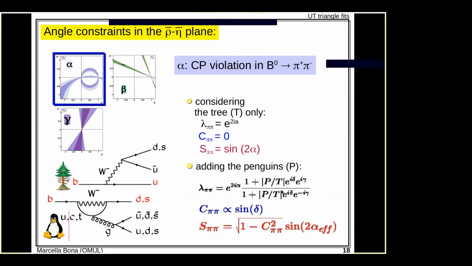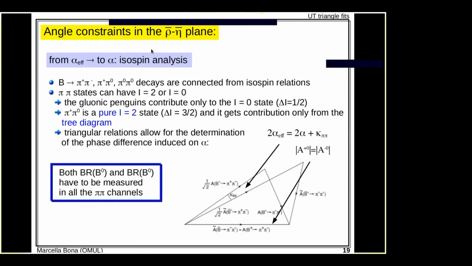And so what happens, you have to disentangle this relationship in order to get to alpha, the pure theoretical parameter that you need to include in the fit, okay? And to do that, you need to do an isospin analysis, which basically means that you need to look at all the branching ratios of B0 and B0 bar. In all the pi, well, in this case I'm talking about pi, but it would be the same in the rho final states, okay?